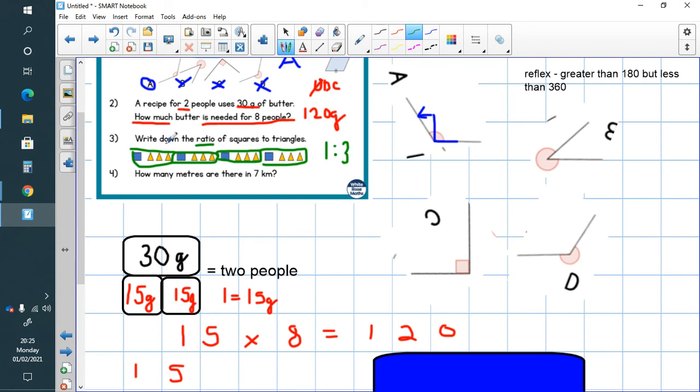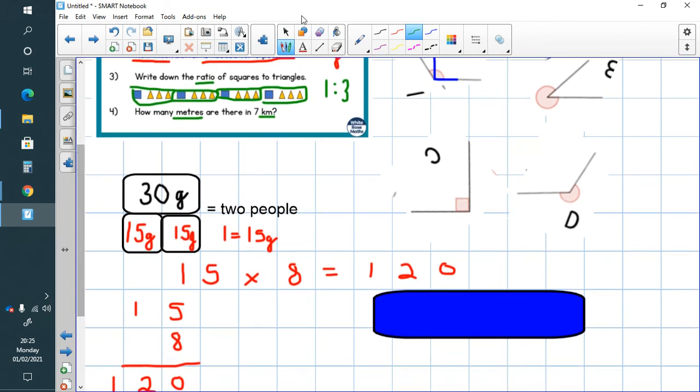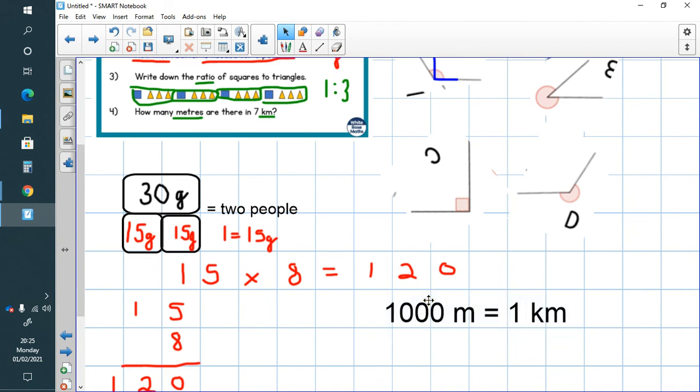Okay, question 4. How many meters are there in 7 kilometers? Okay, let's think then. What do we already know about meters and kilometers? How many meters are in 1 kilometer? Well done, everybody. We know 1,000 meters is the same as 1 kilometer.